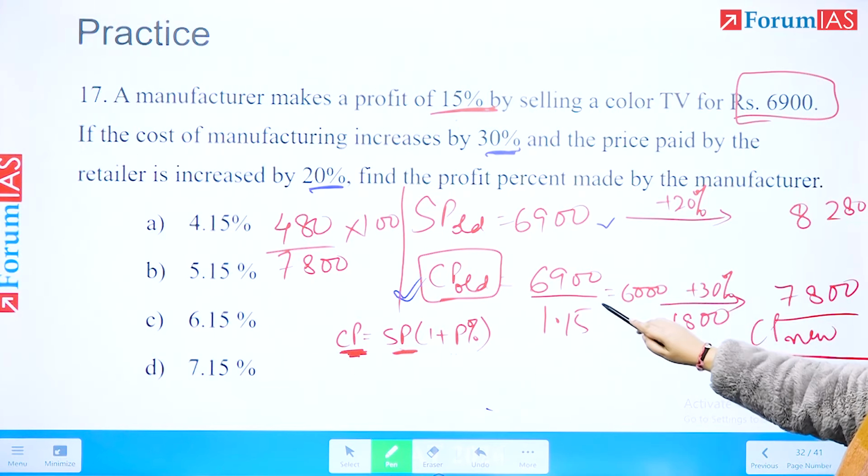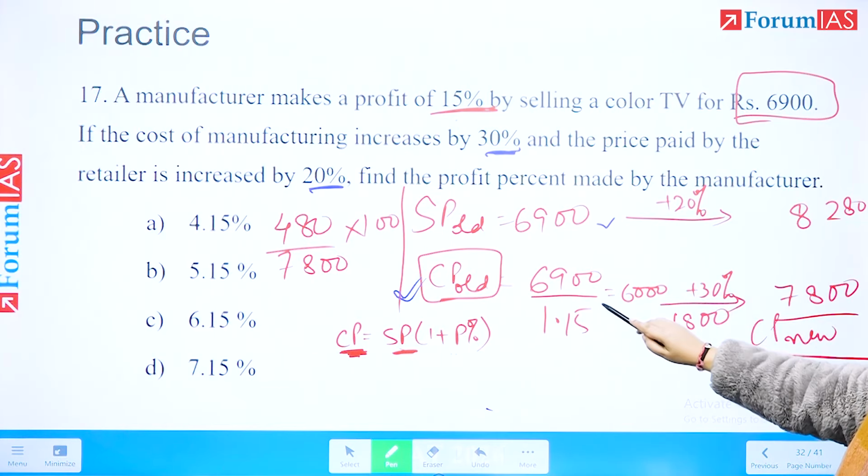New selling price, new cost price. Because ये लिखा है ना, cost price is equal to selling price into 1 plus profit percent. ठीक है? तो वहाँ से आया. You'll try it at home, हो जाएगा.